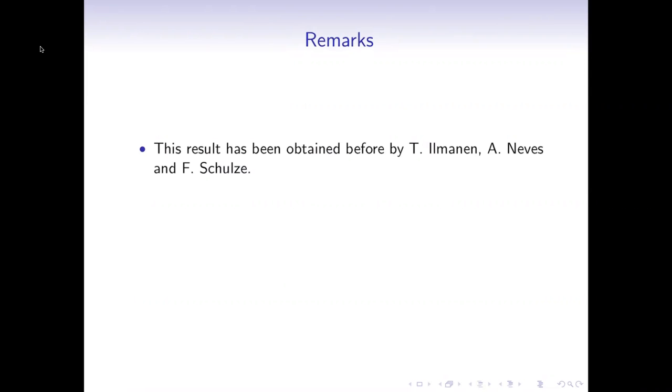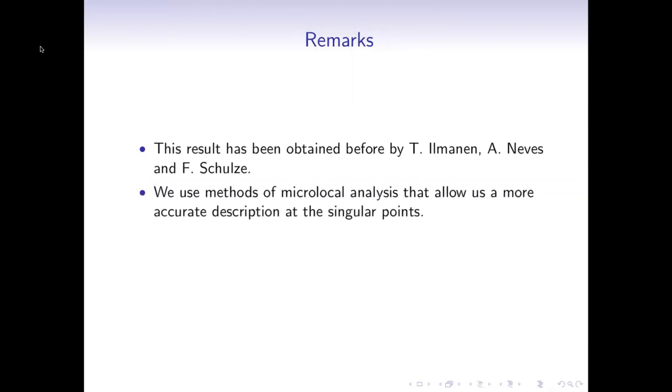And in our case, what we're using is micro-local analysis techniques to give a more accurate description at the node, and to understand why you may not have uniqueness for the evolution, and what kind of thing you can see in this non-unique part.